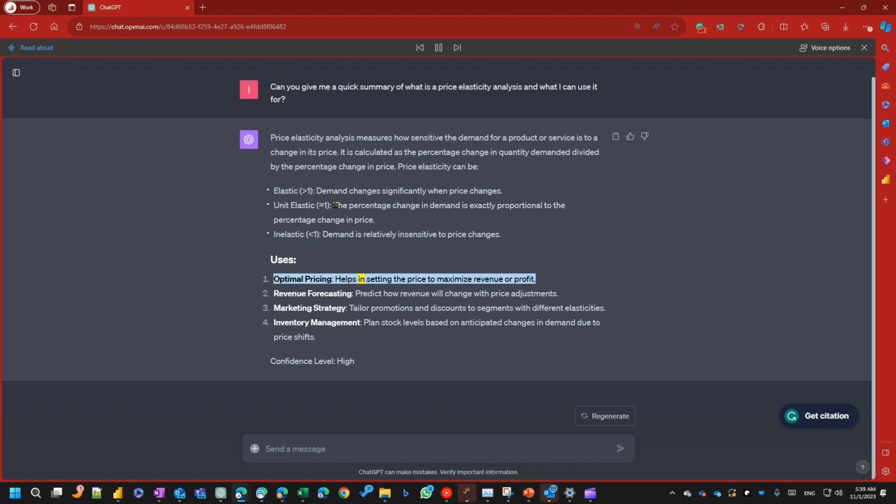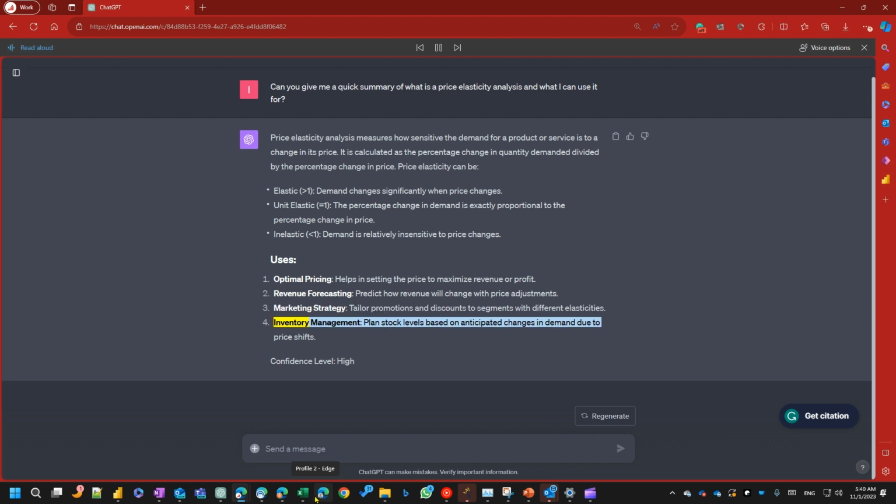Optimal pricing helps in setting the price to maximize revenue or profit. Revenue forecasting, predict how revenue will change with price adjustments. Marketing strategy, tailor promotions and discounts to segments with different elasticities. Inventory management, plan stock levels based on anticipated changes in demand due to price shifts.